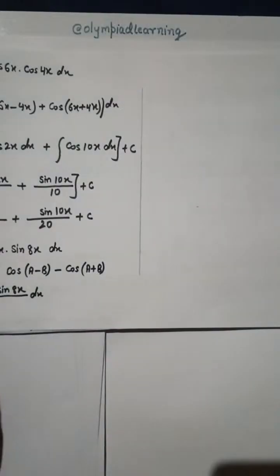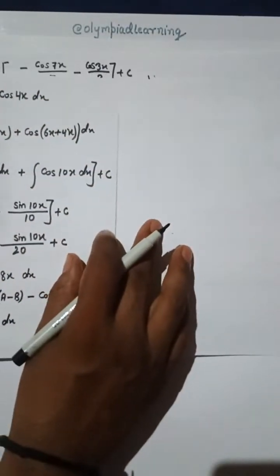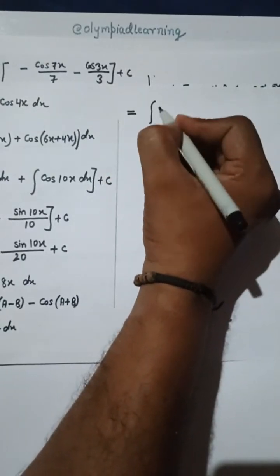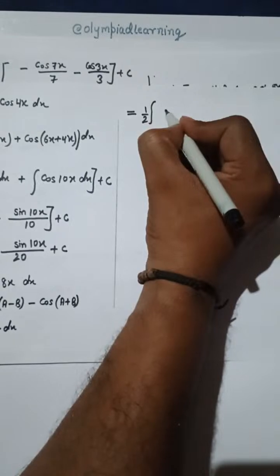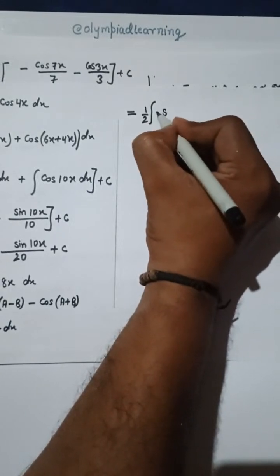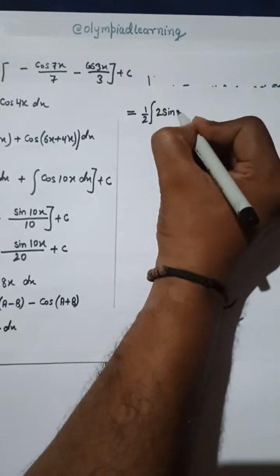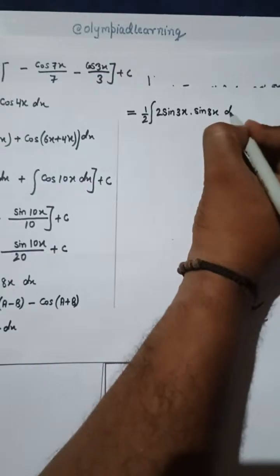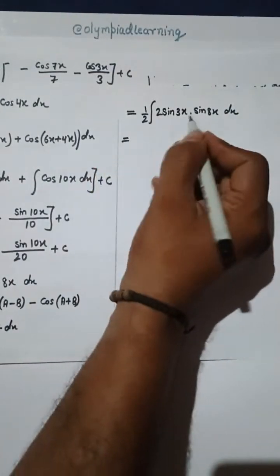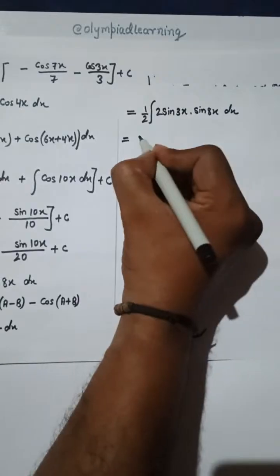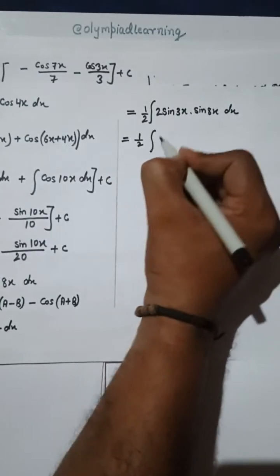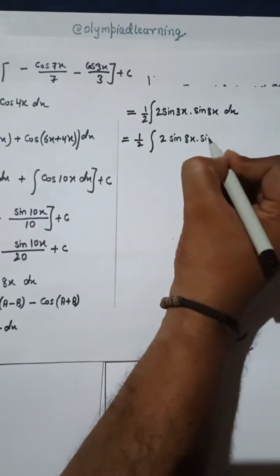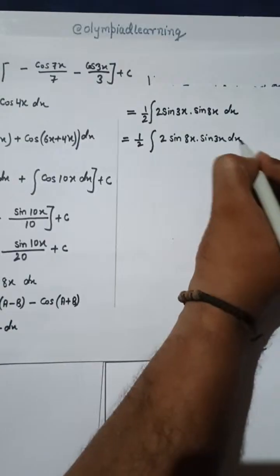We have another this. So integration, 1 by 2 is coming outside, and we have 2 sine 3x into sine 8x into dx. Let's put sine 8x before sine 3x. So 1 by 2 integration 2 sine 8x into sine 3x into dx.